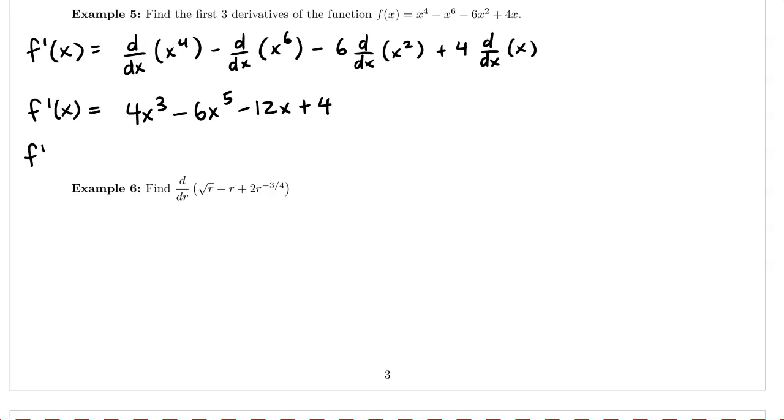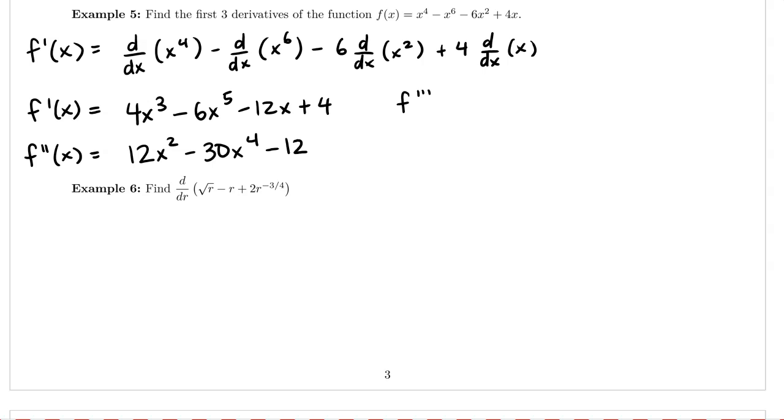Now, I'd like to find the second derivative, which we call f double prime of x. I'm going to use the power rule on each of these terms again, and that's going to give us 12x squared minus 30x to the fourth power minus 12. And the derivative of 4 is equal to 0 since 4 is a constant.